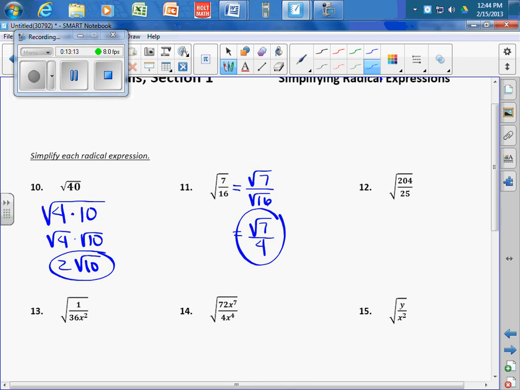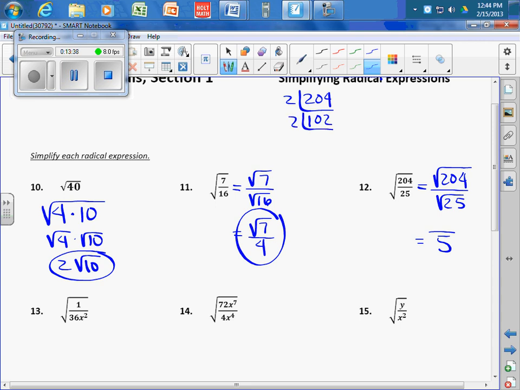In number 12, I'm going to break this up into radical 204 over radical 25. And in the denominator, I'm going to have 5. Well, what's in the numerator? I'm not seeing quickly what the largest perfect square is, so I'm going to find the prime factors. I'm going to divide it by 2, get 102.